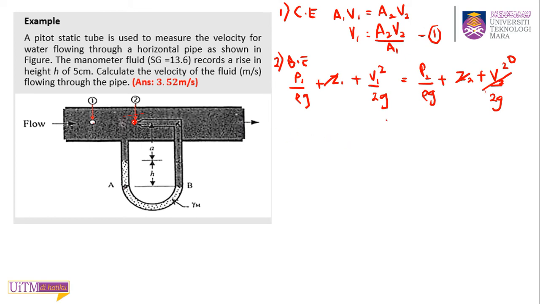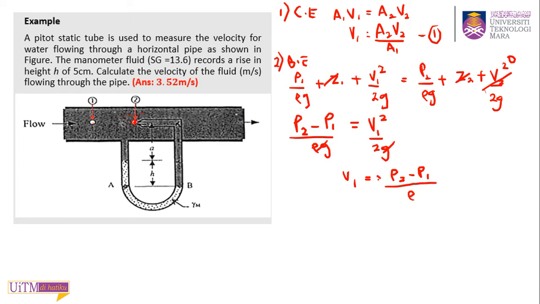That means you will have, write your pressure difference in one term, P2 minus P1 over rho G equal to V1 squared over 2G, and this can be written in simpler terms, potong G: P2 minus P1 over rho, darab 2, okay, and this is V1 squared.